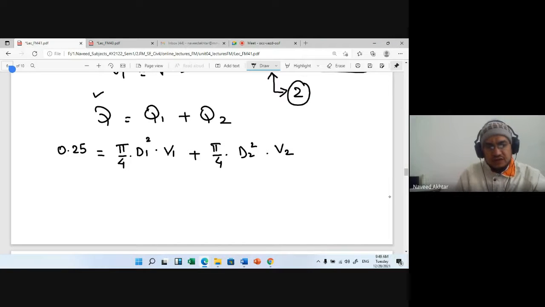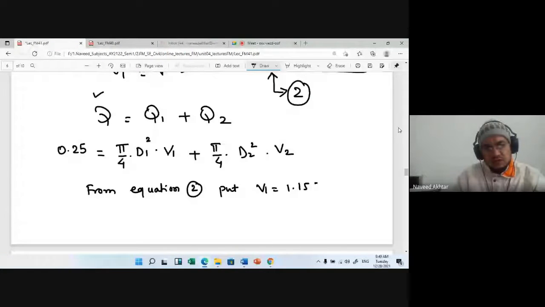Now we know from equation number 2 that V1 is equal to 1.155 V2. So I'll put the value here.